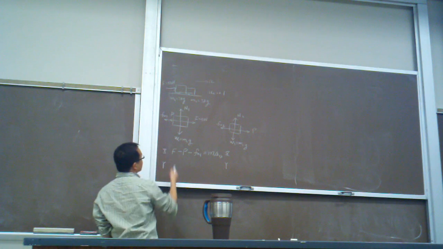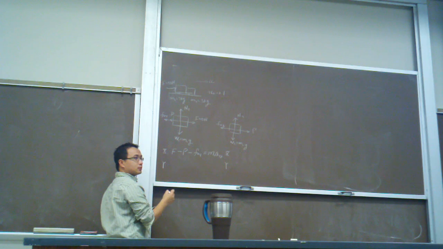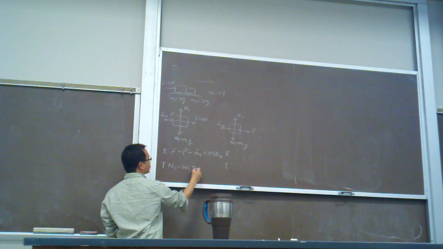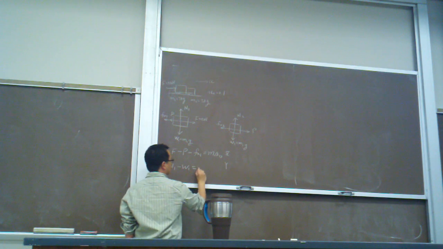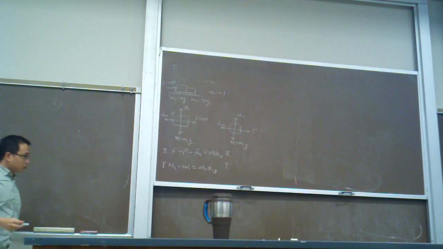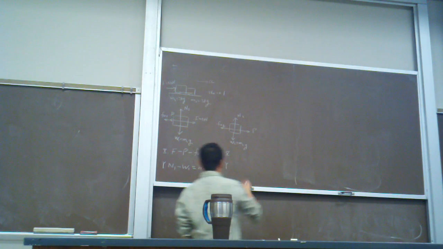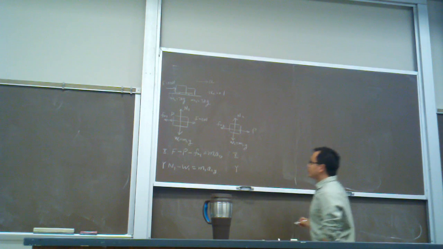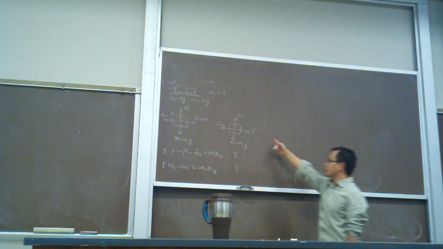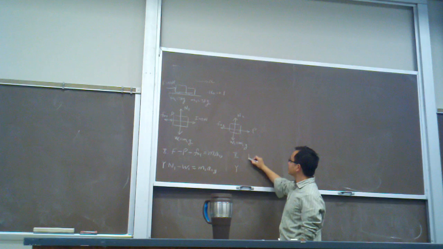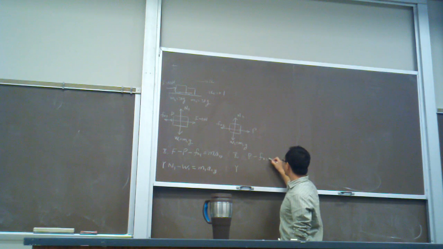How about the y-axis Newton's second law? N1 minus W1 equals M1 A1y. Okay. We're going to simplify them later. And then, what is Newton's second law for the second object? P minus Fk2 equals M2 A2x.